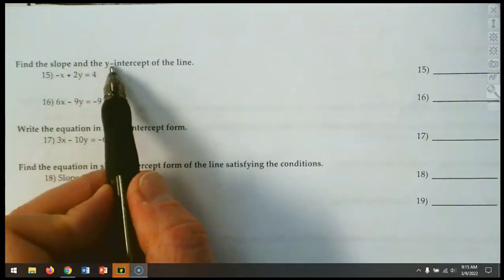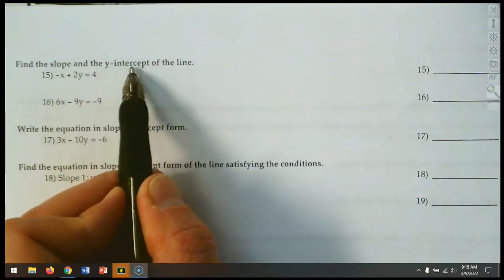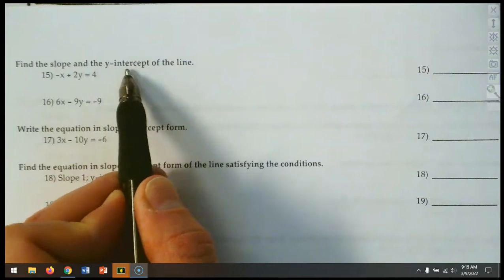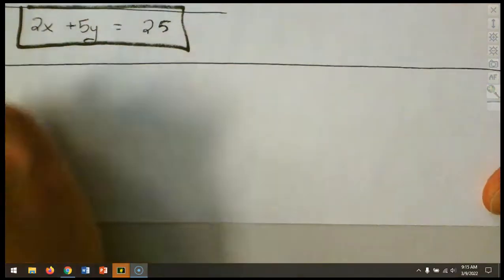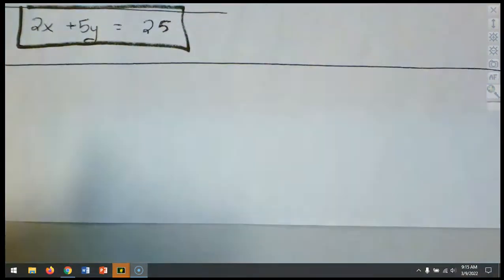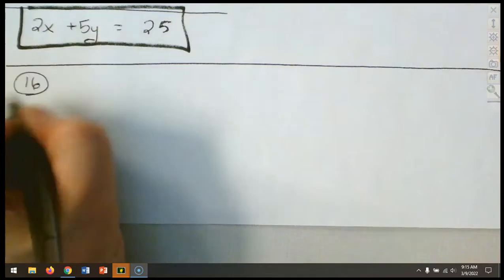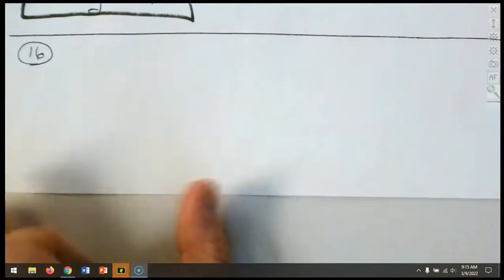And we're also going to find that y-intercept, which is that b component. I'm doing 16. It's the same as what you would do for 15. So I'll do 16. You can try 15. They're basically the same.